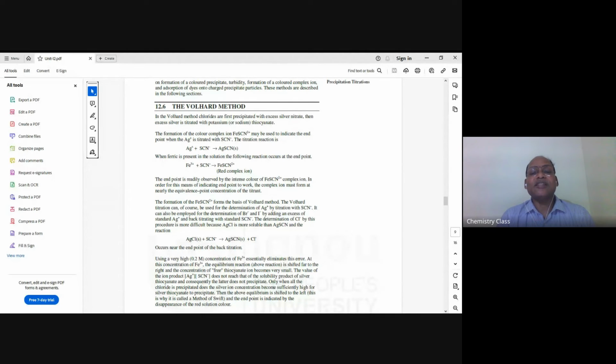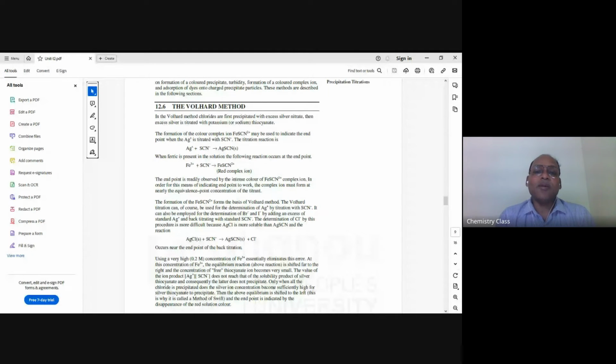When Ag+ is titrated with SCN-, the titration reaction is Ag+ + SCN- → AgSCN. When ferric is present in the solution, the following reaction occurs at the endpoint: Fe3+ + SCN- → FeSCN2+, the red complex ion.